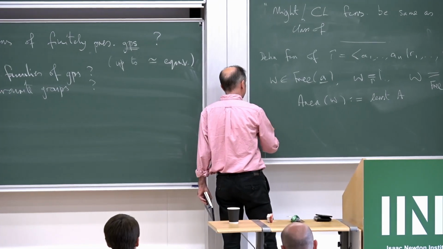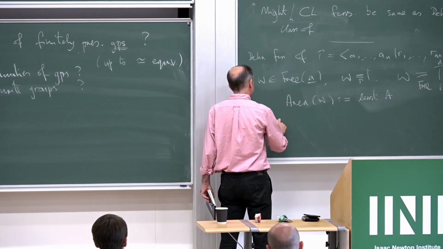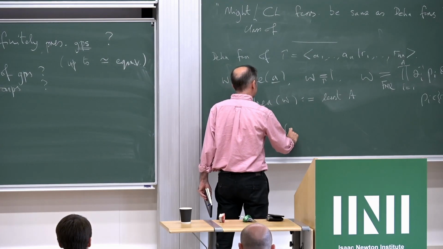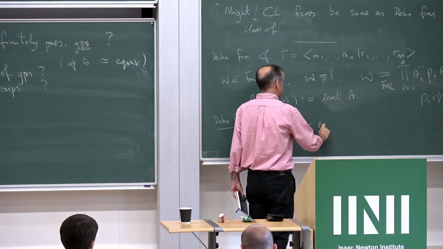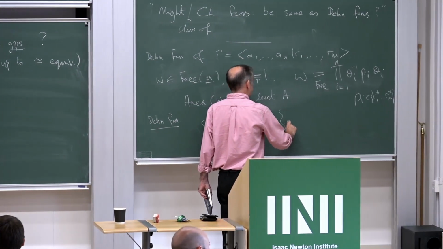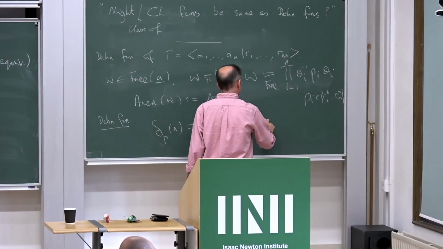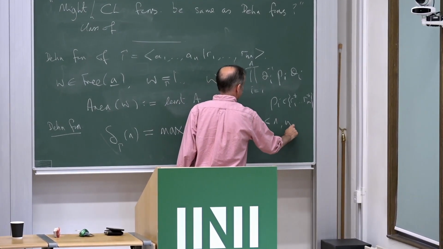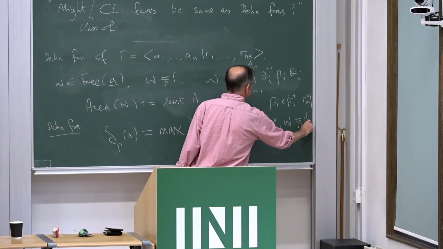And then the Dehn function of the group, again dependent on the presentation, but only up to equivalence, is the maximum of the area of words w of length at most n that represent the identity of the group.